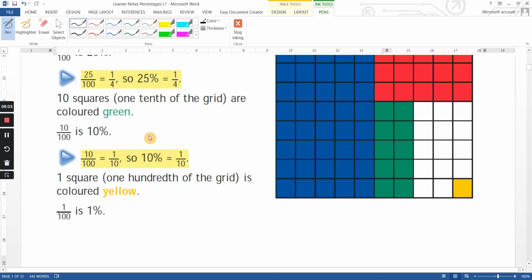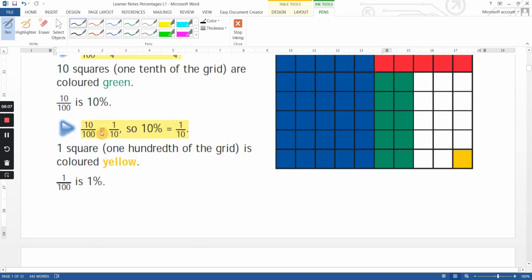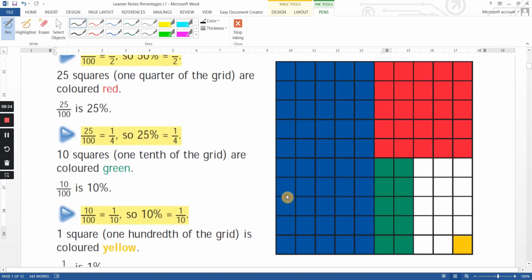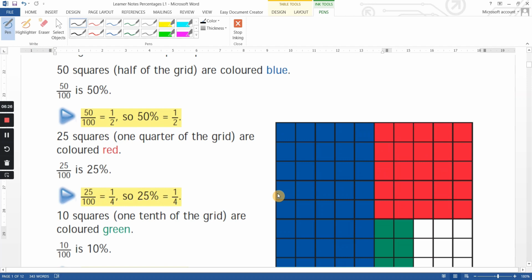So that's 10 out of 100, which is the same as 10%. And 10 out of 100 can be simplified to 1 out of 10. So 10% is the same as 1/10. And you've got 1 square coloured in yellow. So 1 out of 100 is the same as 1%. So that's just a bit of general information about percentages.